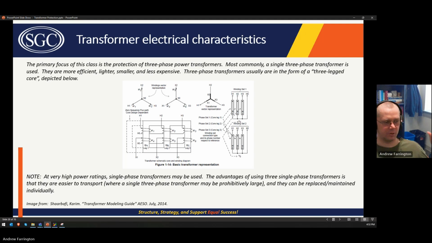I was reading an article about a transformer, I think it was in China, and it was like 2.1 giga VA. The transformers were absolutely enormous, and there were three of them, each single phase, and they were going to make up the winding connections outside of the transformer tanks.